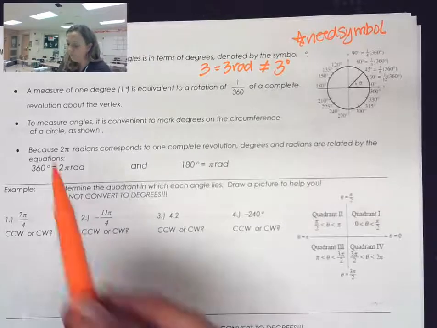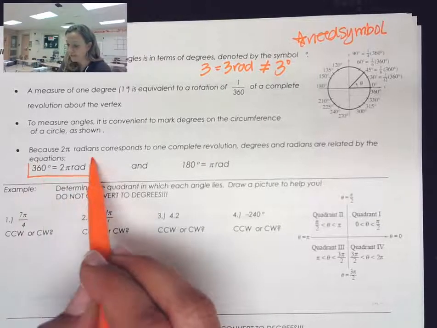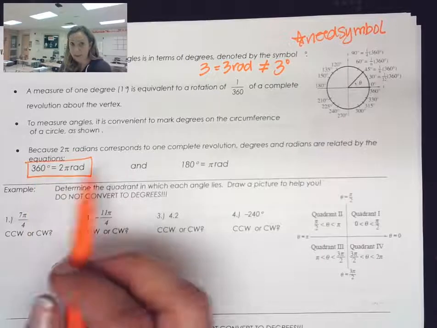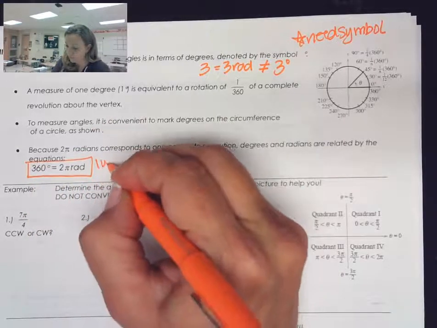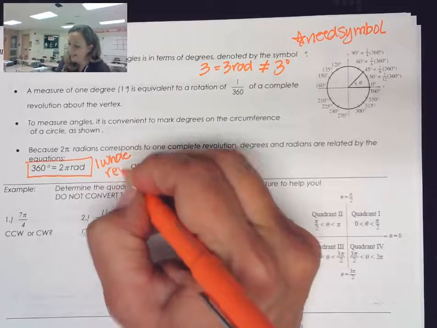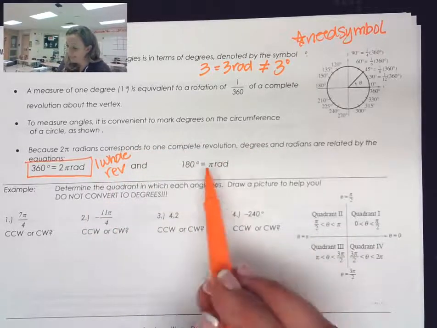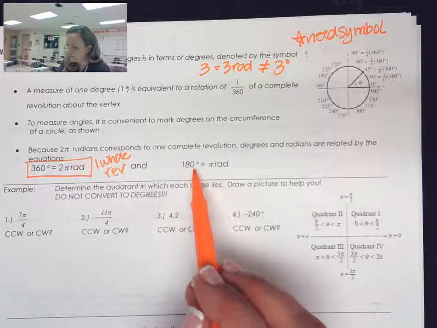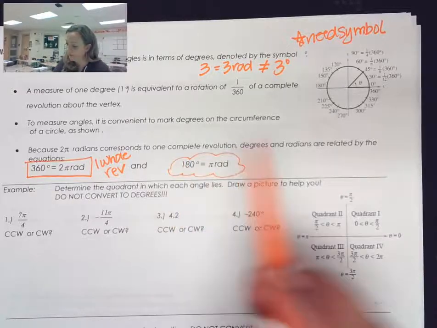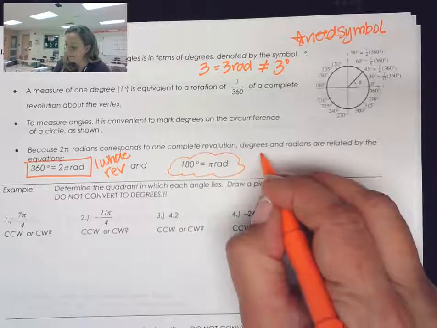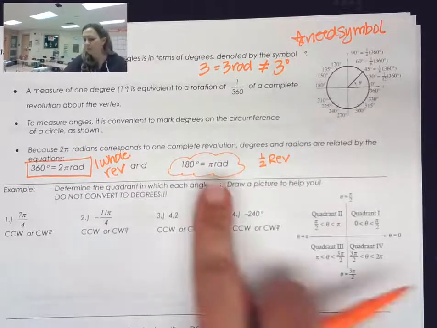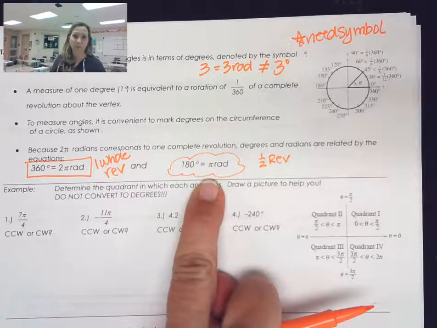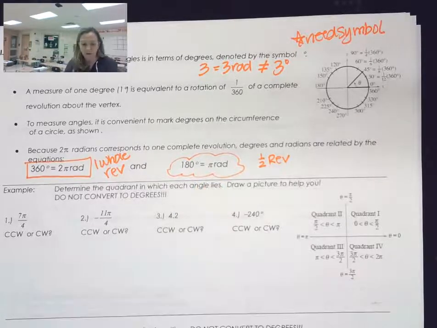Notice that 1 full rotation is 360 degrees, which is 2 pi radians for 1 whole revolution. And then 180 degrees equals pi radians, which is usually the one we use the most often. Just keep in mind that that's basically half of a revolution. And we usually use this one just because it's reduced, okay? Like when we use it as a conversion factor.